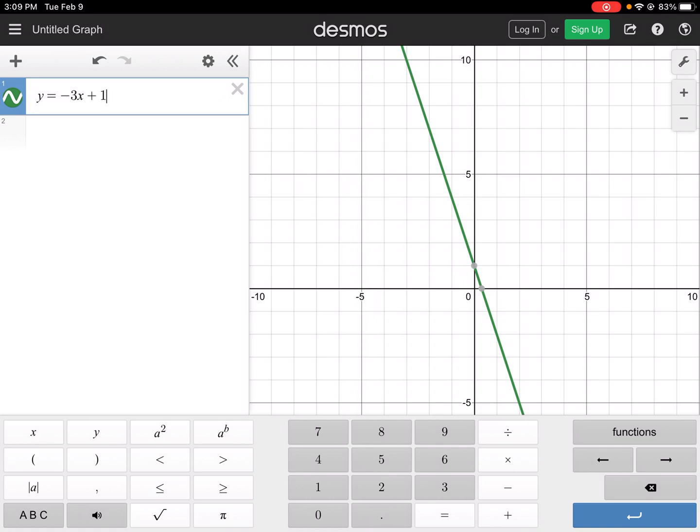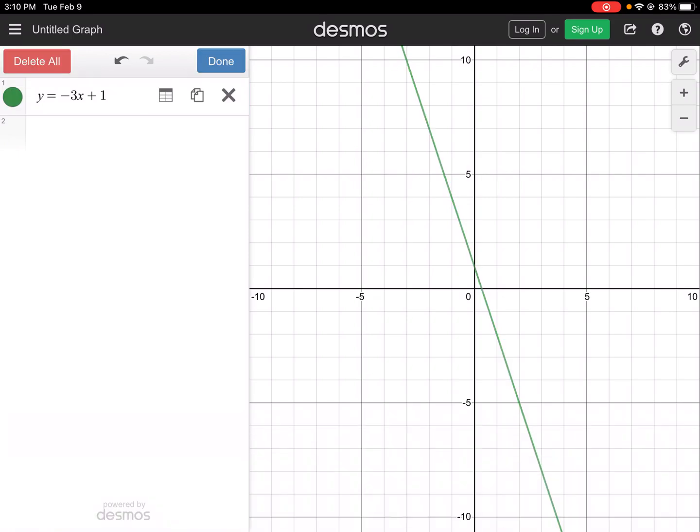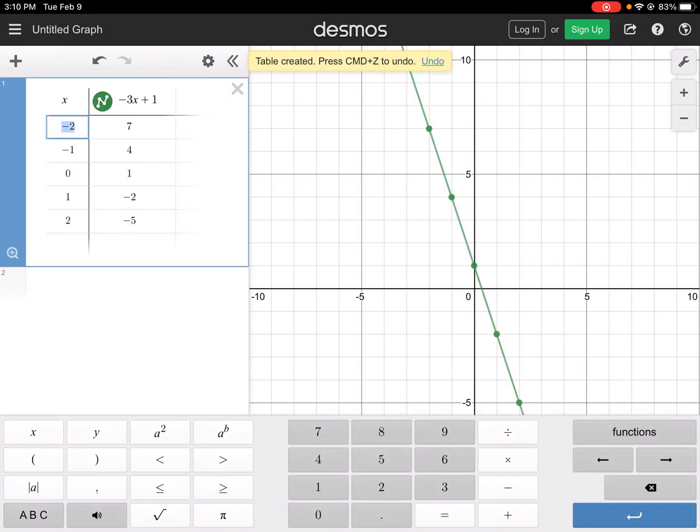Again, if I'm going too fast and you're not able to follow along, just pause the video and then go back and hopefully you can find it. If you have any questions, just make sure you communicate, email, or whatever you need to do. Okay, so I'm going to go back to that little bar up at the top, and then you can click on the table of values. So there are tables of our x's and y's for y equals -3x + 1.